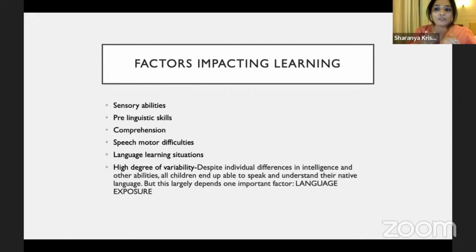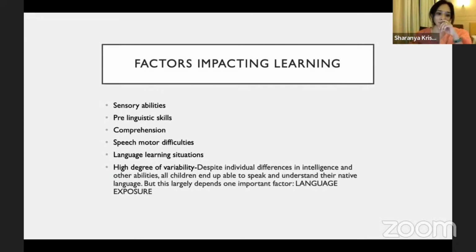A little front placement of the tongue, muscle tone differences, some amount of low muscle tone, flaccidity. All this is also seen in the mouth as much as it is seen in the extremities, as much as it is seen in the legs, hands, trunk, core, fingers. It's there in the tongue muscles. It's there in the oral muscles also. That is also the reason why they could also have feeding difficulties.